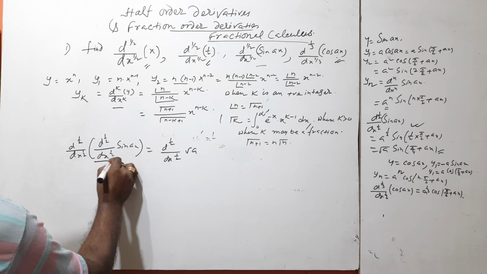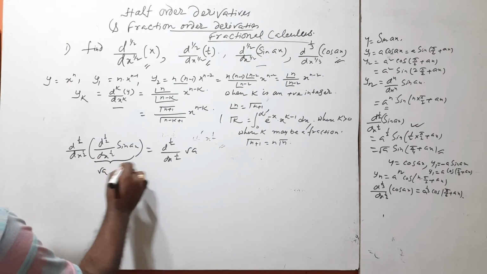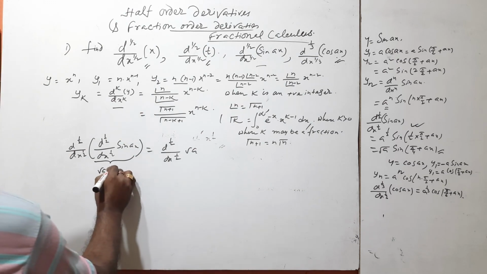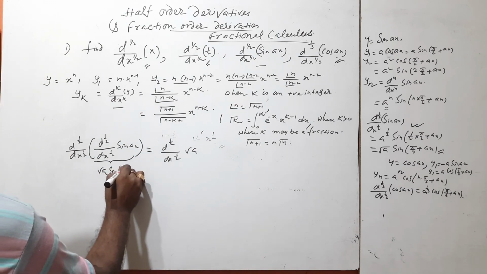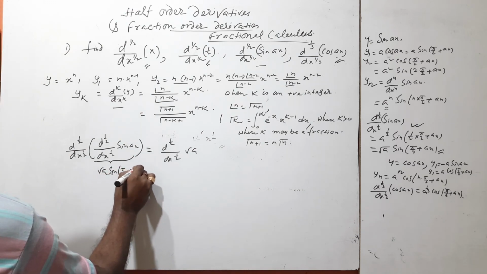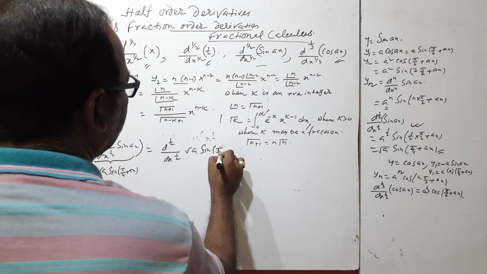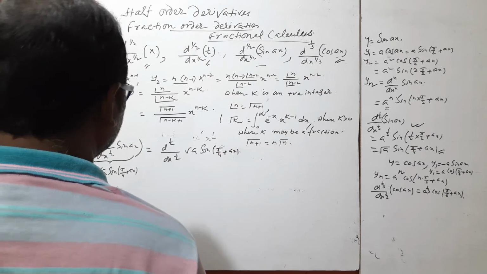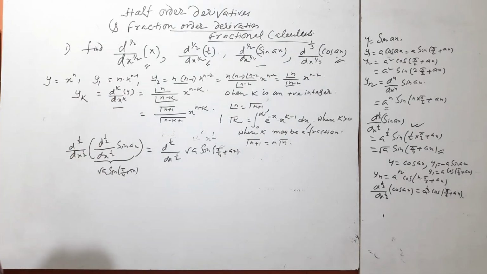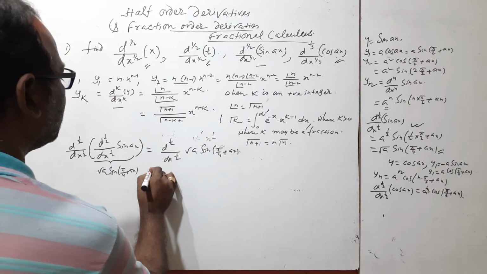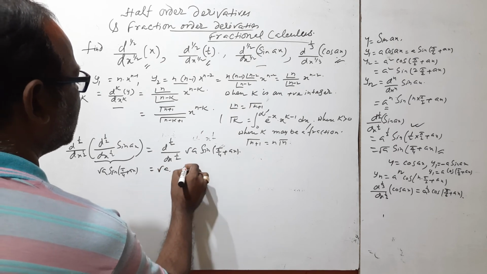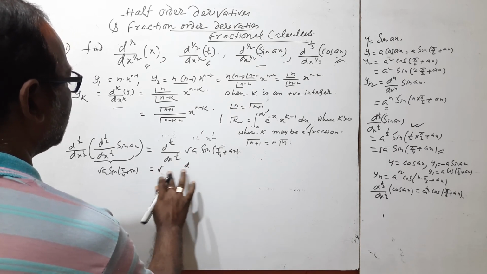So now the derivative of this gives root a into sine of pi by 4 plus ax. So this is a constant, so it can be written like that. So this is root a.